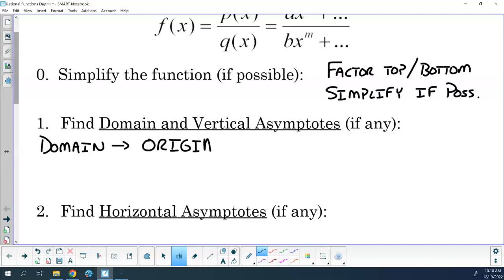That should be an n. That's a bad n. And what do we do with that original denominator? Equal to 0, solve it, all that fun stuff.